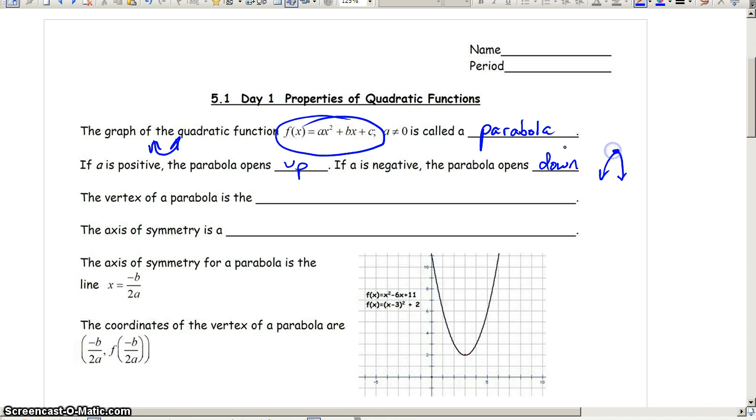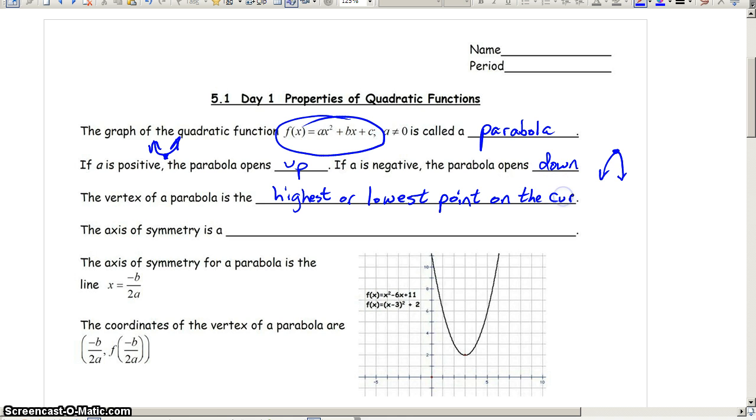Obviously, a parabola has a highest point or a lowest point on it. That point is called the vertex. The vertex of a parabola, like I just said, is the highest or lowest point on the curve. It is a point, so there will be an x and a y coordinate.